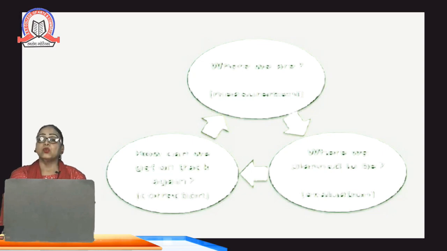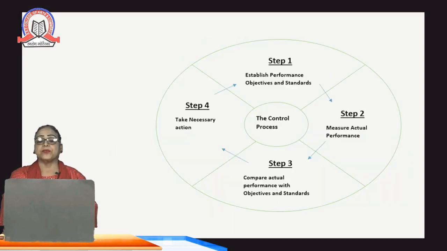Whatever standards were set, if there are any deviations in achievement of those standards or goals, we have to take corrective actions. Where we plan to be, that is how to evaluate ourselves: what are our goals, what are our achievements, what are the differences in between, and how to overcome those differences.